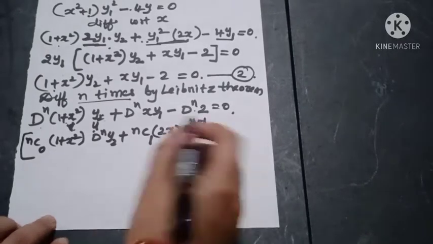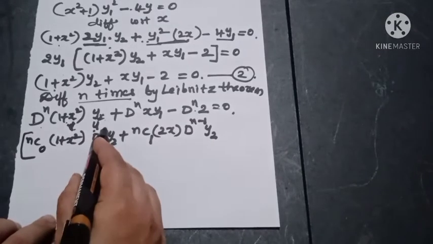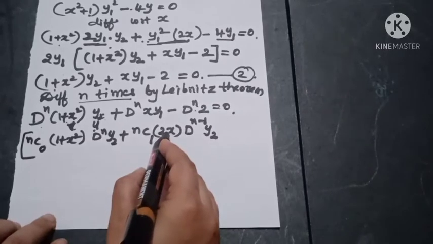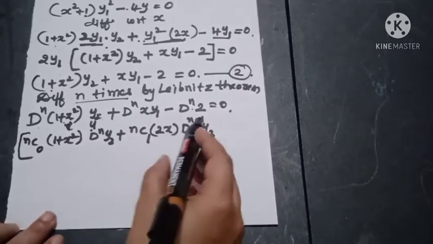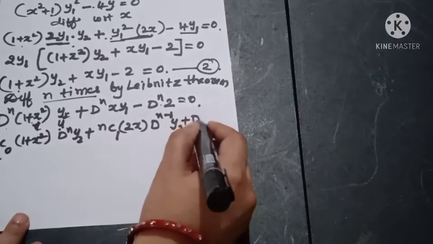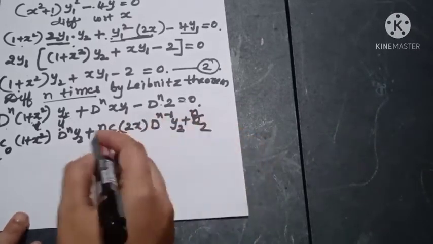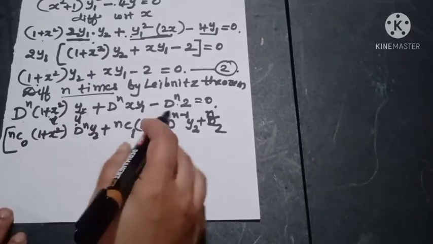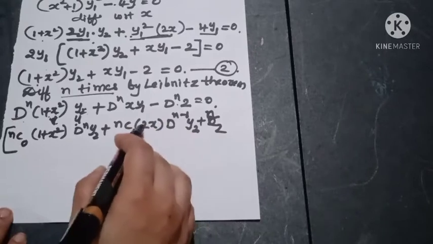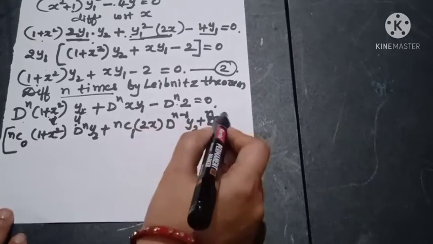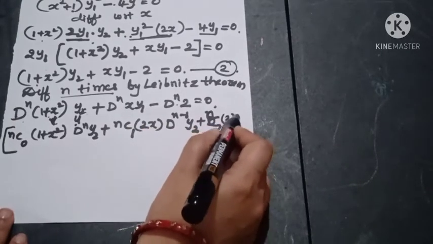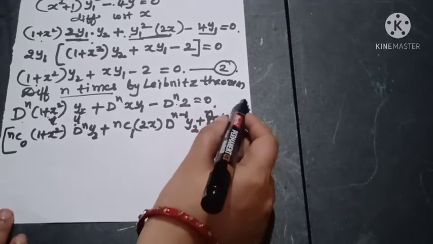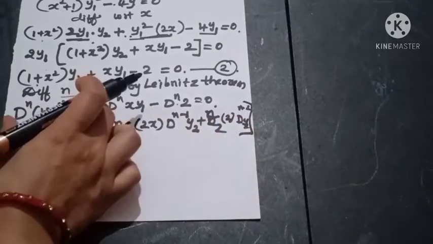Next time if you differentiate this, it will become 2. So plus nc2, so you can see it is nc0, nc1, nc2. Again differentiating this, what we get is 2, and next the differentiation n minus 2 of y2. So this is what the Leibniz theorem says.